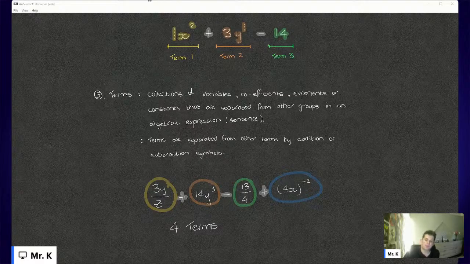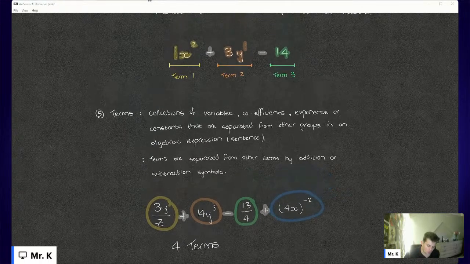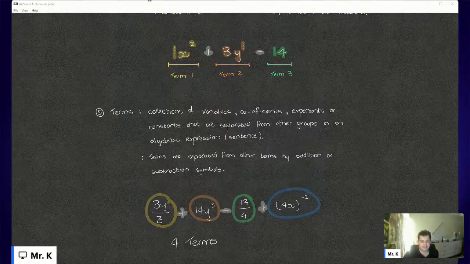But the better we understand this now, the easier all of this is going to be to understand next year. Okay. And these really are the fundamentals, grade sevens.